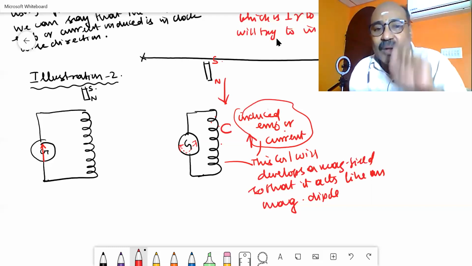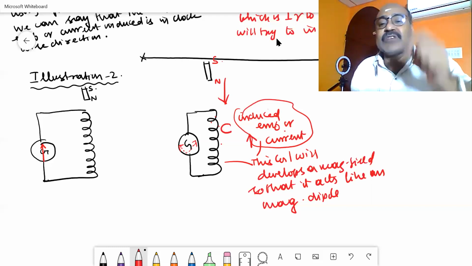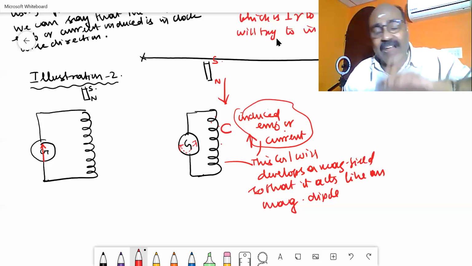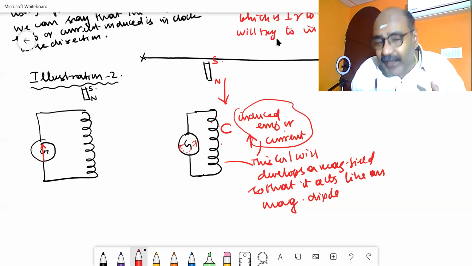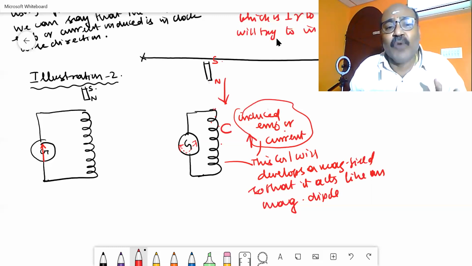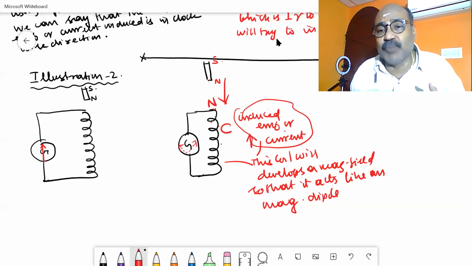According to Lenz law, the EMF induced should oppose the change in magnetic flux. Then what should happen? The end of the coil which is nearer to the north pole should get north pole again, and the other end should get south pole.